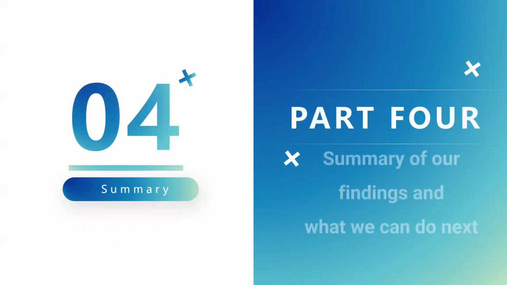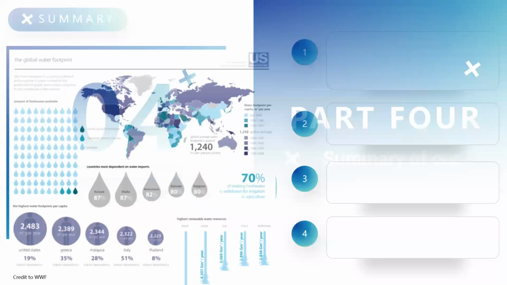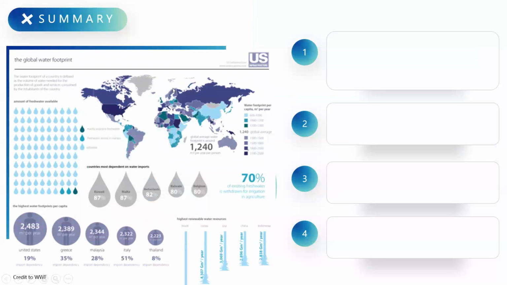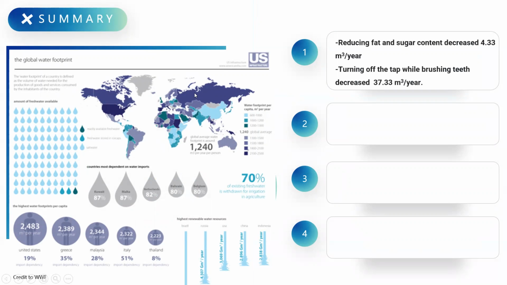Then here comes our summary. Here is a global water footprint map from WWF. We can see that the more developed countries have a larger water footprint, especially North America.